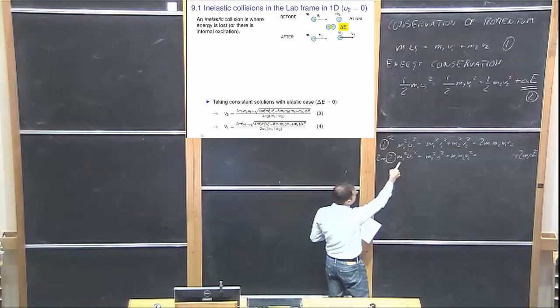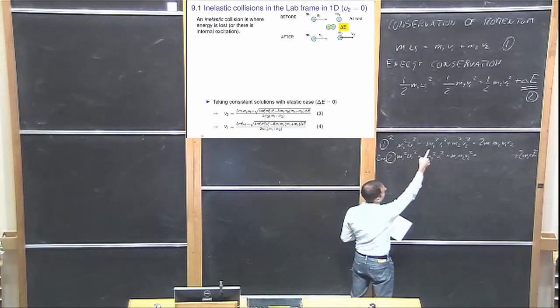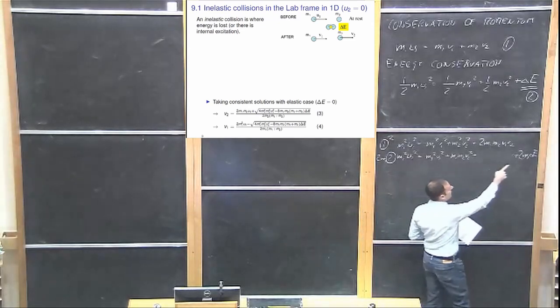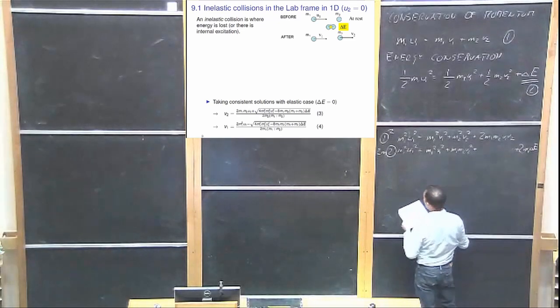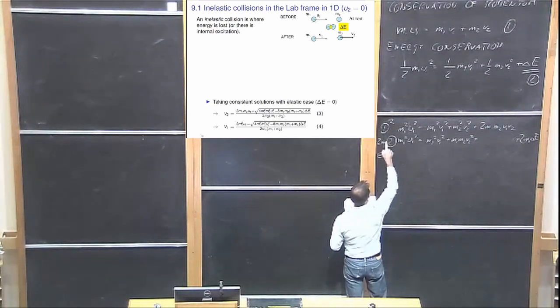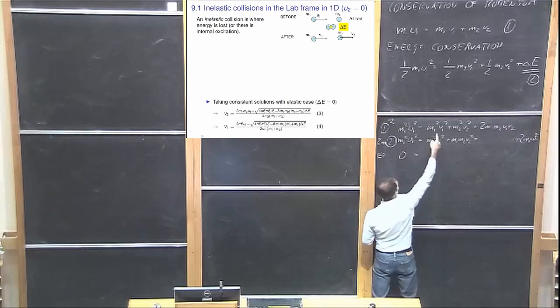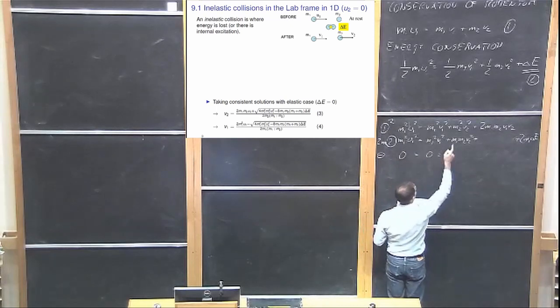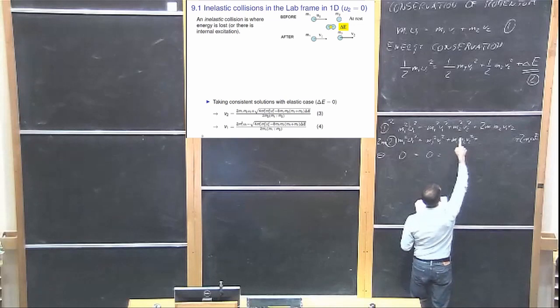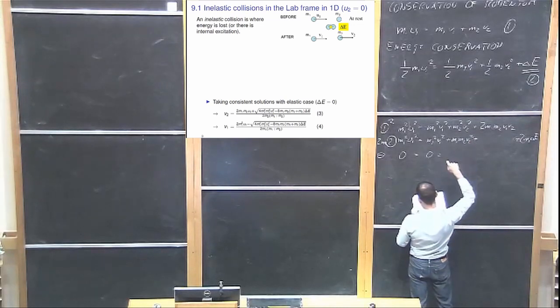I've written them this way because now you can see that if I subtract those terms, I get a few things that cancel and a few things that are left. So if I now take this one and take a minus of those, I end up with this minus this is naught equals this minus this is naught. I can take out the m1, m2 and the v1 squared, v2 squared.